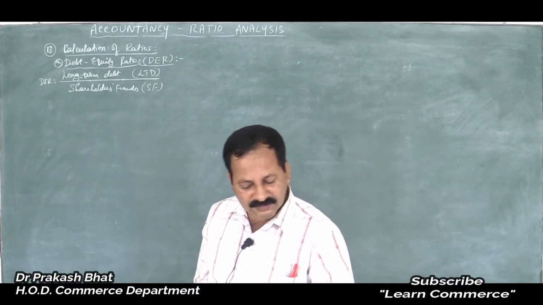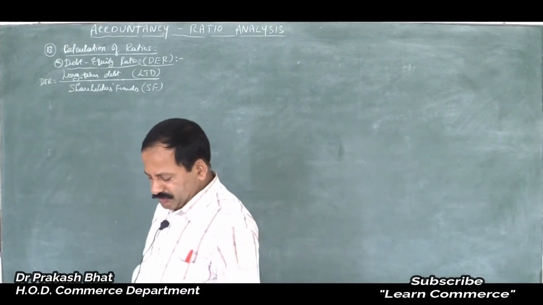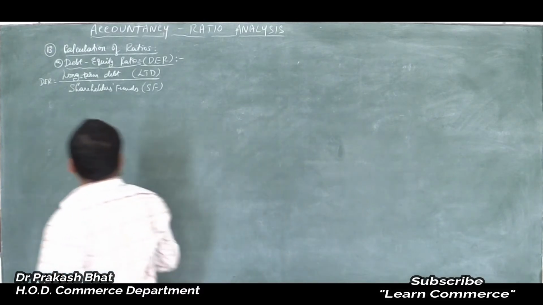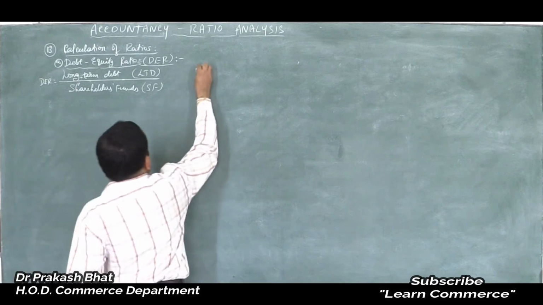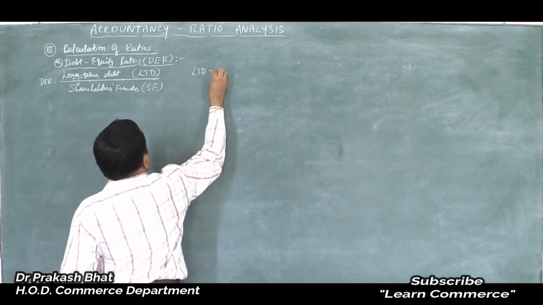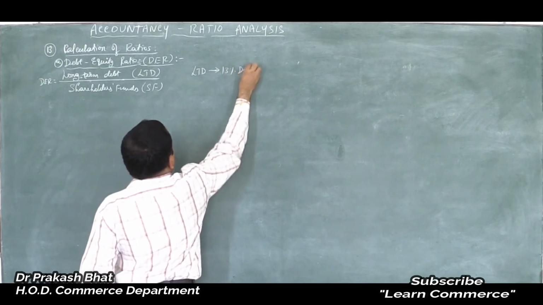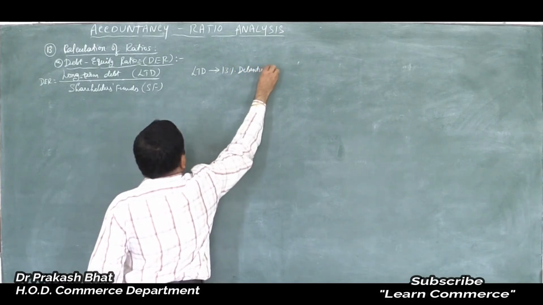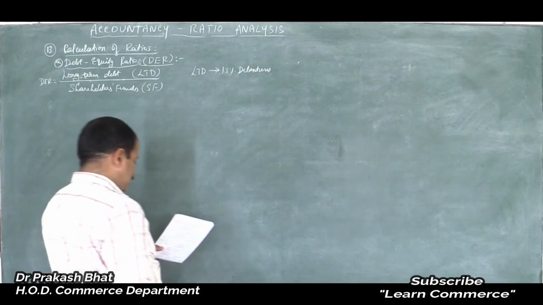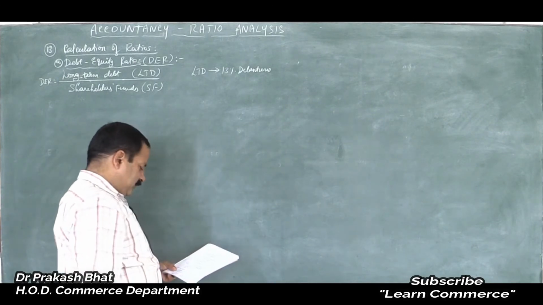So 13% debentures, 2 lakh is the long term debt. For your information, I'm writing it as long term debt, right?